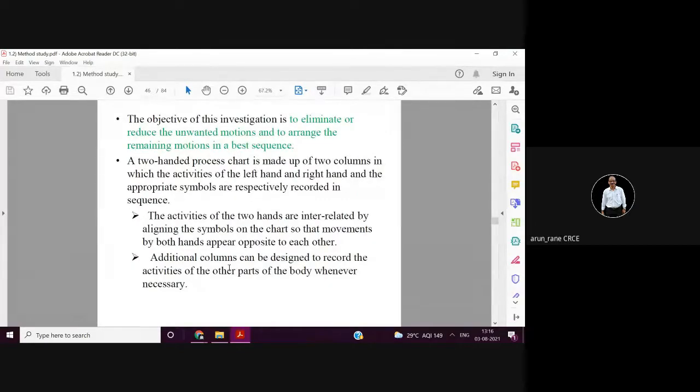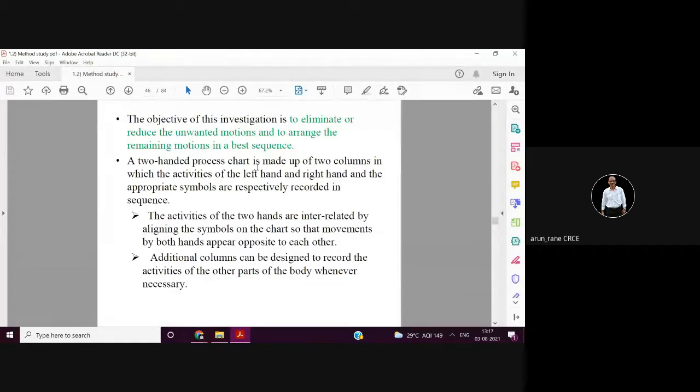So finally, what is the objective? The objective of this investigation is to eliminate or reduce the unwanted motions and to arrange the remaining motions in a basic pitch. That means removing the unwanted motions, and for the motions that remain, how we can modify them, how we can automate, how we can eliminate, or how we can suggest alternative motions.